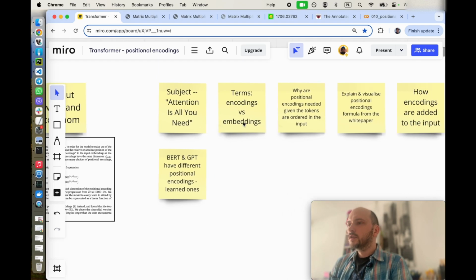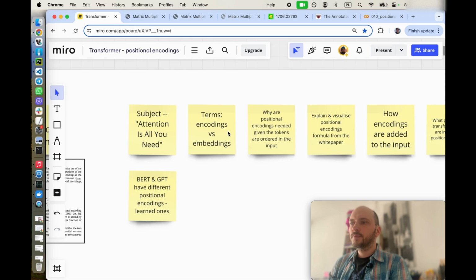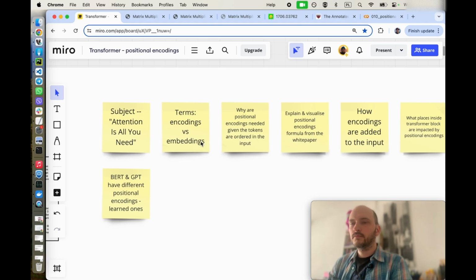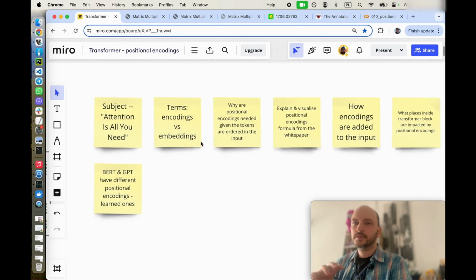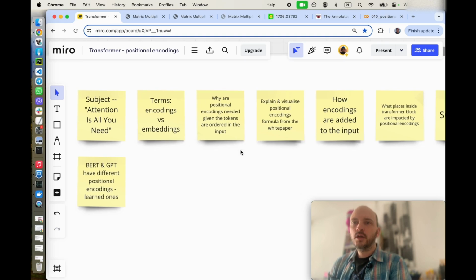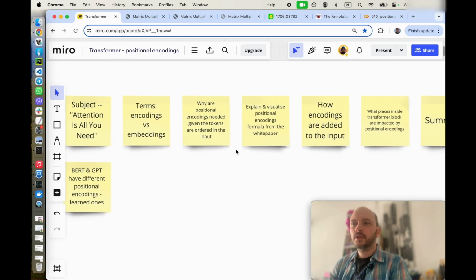I will tell about it briefly, but the main focus will be on how it was designed in the original paper. First we will speak about how encodings are different from embeddings, because these terms are quite similar but have a bit different meaning, and sometimes they may be confused. Then I will speak about why I think positional encodings are needed in the transformer, because the answer seems quite obvious, but it was not that obvious to me, and I found some details that I want to show you.